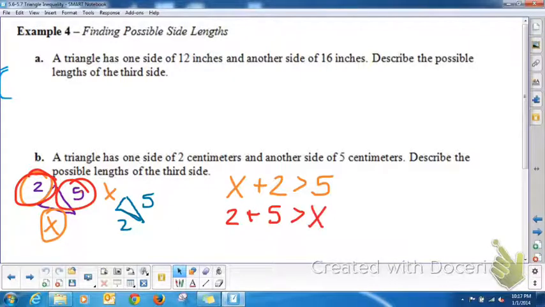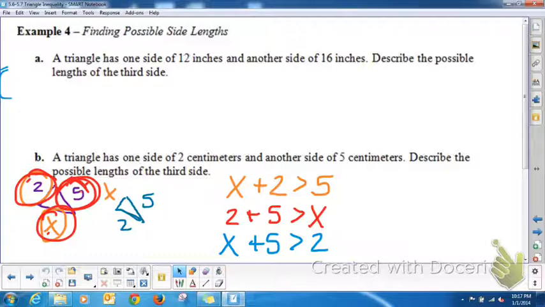And then finally, we also know that x plus 5 has to be greater than 2. So these are the 3 different combinations. Every 2 sides has to be greater than the third side.